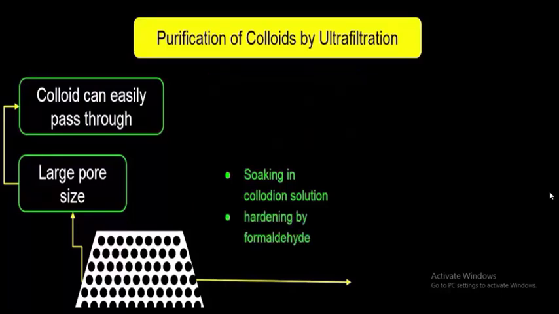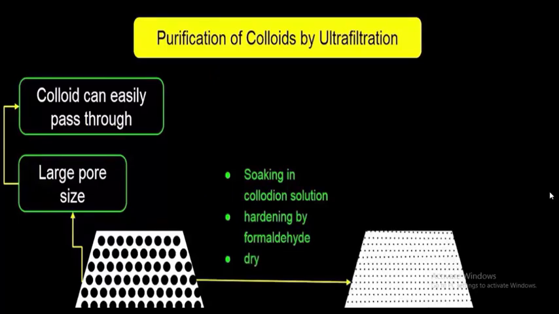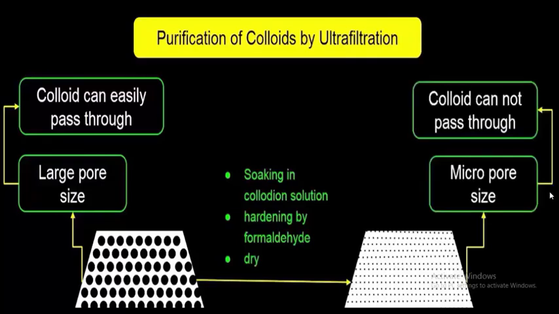Then it is treated with formaldehyde, and it becomes hardened, and then it is dried. Hence the pore size becomes smaller, and colloids cannot pass through the pores. So this is how we can carry out the ultrafiltration process to purify colloidal solutions.